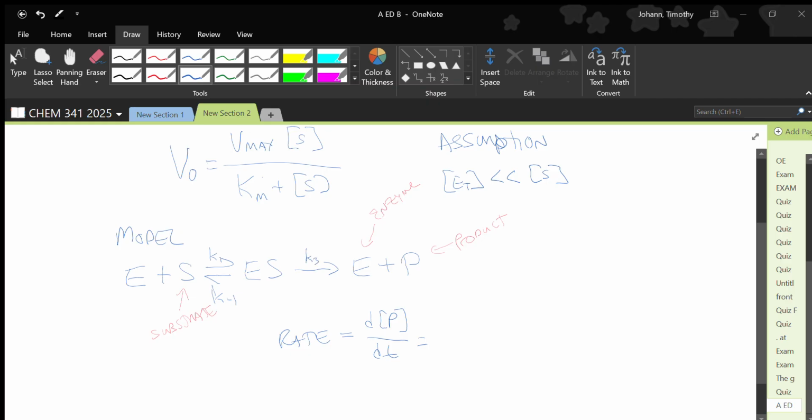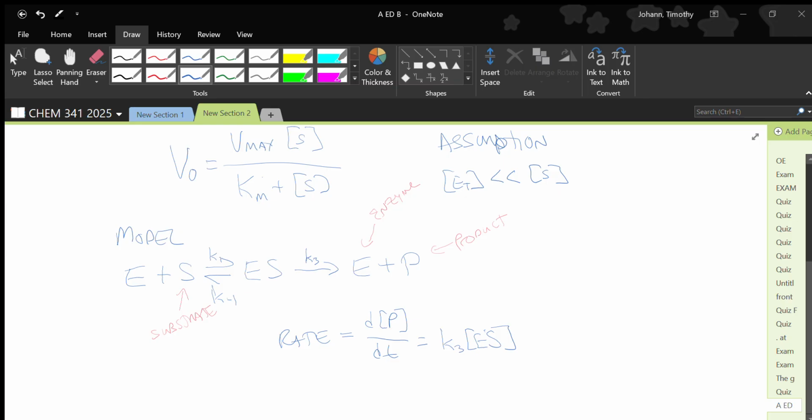How would I express the rate of product formation given this? K3 times the concentration of ES. Yep. Not E times S. ES is one thing. It's enzyme bound to substrate. Okay? So this, right? Very simple. All right? What's the problem with this?